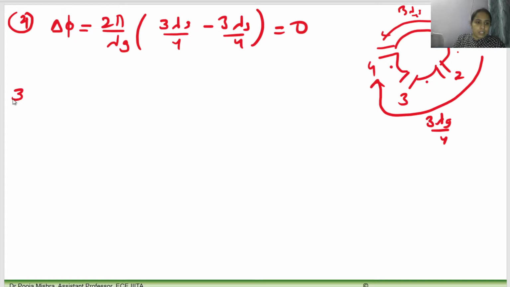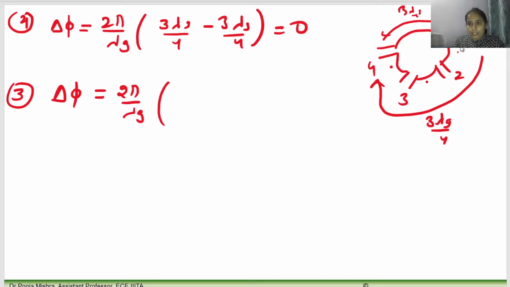Now let's see what is happening at port 3. At port 3, the phase difference delta phi is equal to 2 pi by lambda g. What length is it traveling to port 3? From 1 to 3, this is 2 lambda g by 4, minus 4 lambda g by 4.